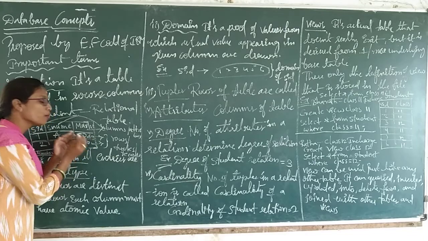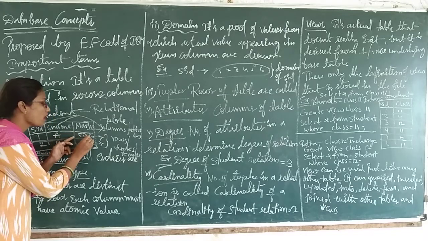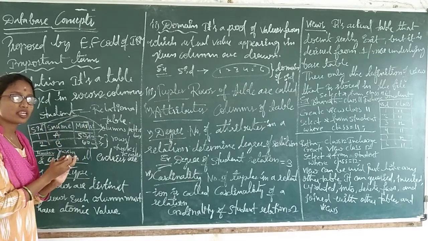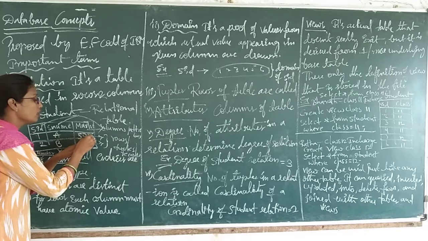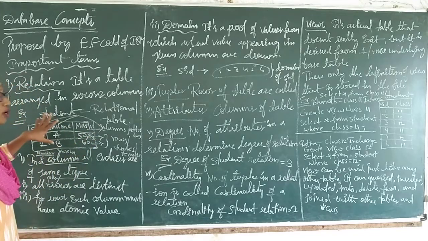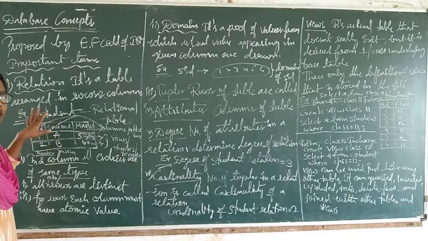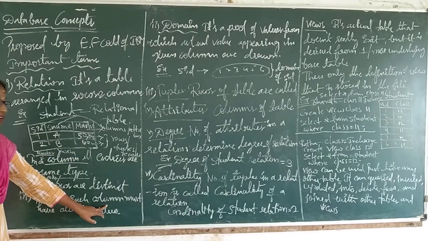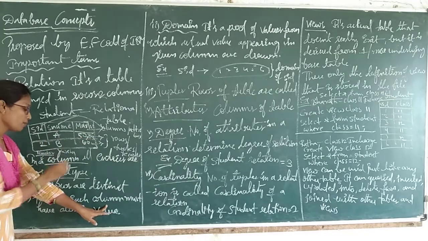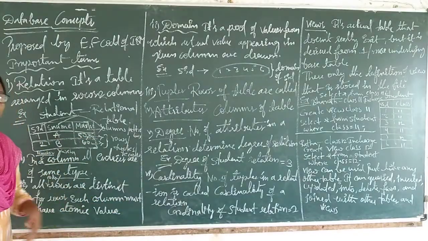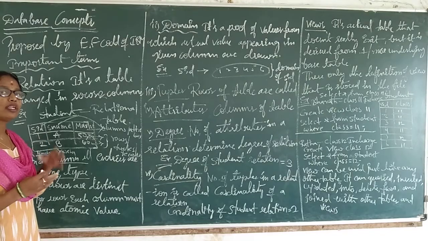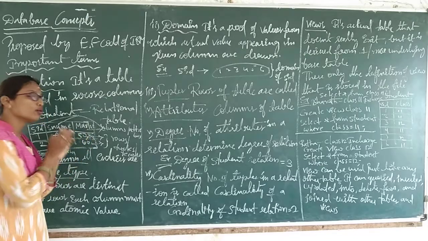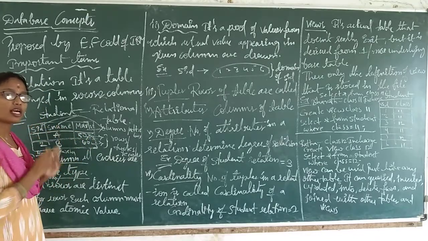Which marks will the computer access, 50 or 60? It is the wrong way of storing data. It's the wrong format to store data in a relational table. Each column must have atomic values. You have to store unique values, only atomic values, in a relational table.